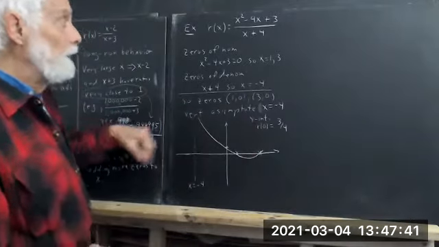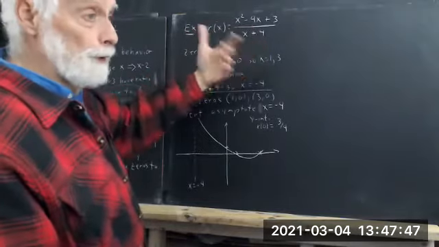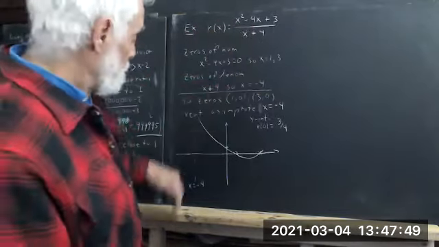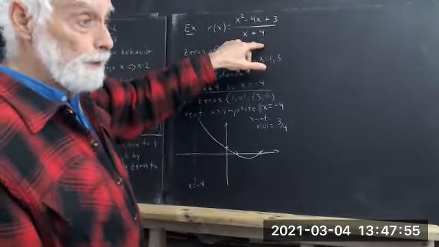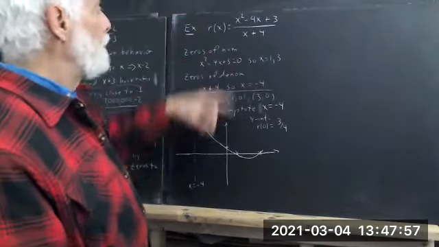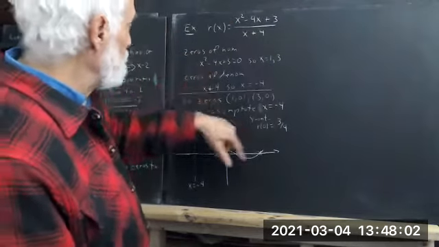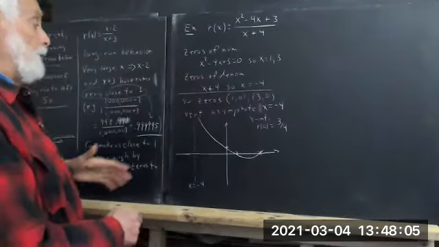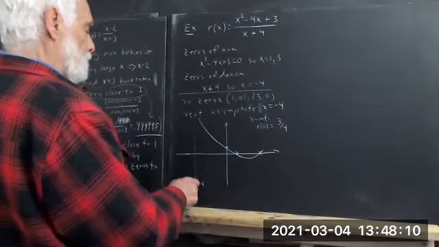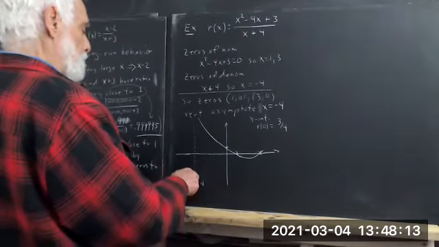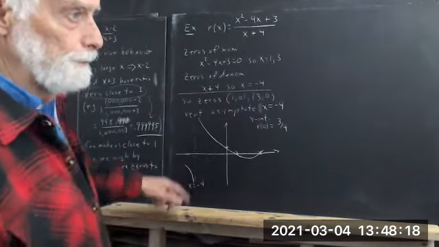Now, on the other side of x equals negative 4, if x is negative 5, x plus 4 is clearly negative. It's negative 1. So for any number less than negative 4, x plus 4 is going to be negative. But this quadratic polynomial, which has a graph that's parabolic like this, is clearly going to be positive, so everywhere to the left of x equals negative 4, the graph is negative, which means you've got to come up from your vertical asymptote.